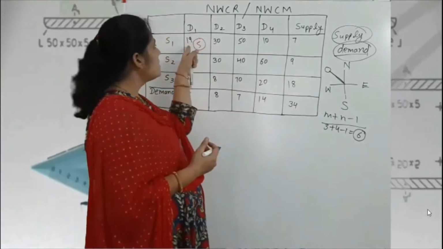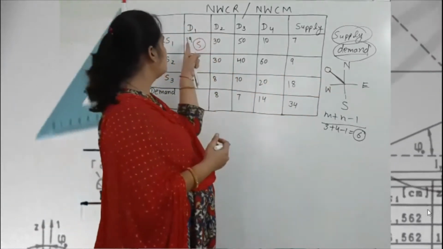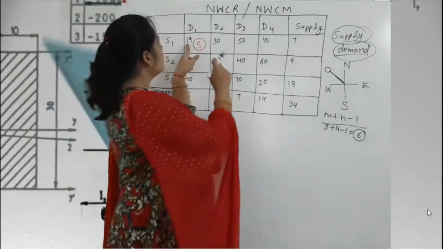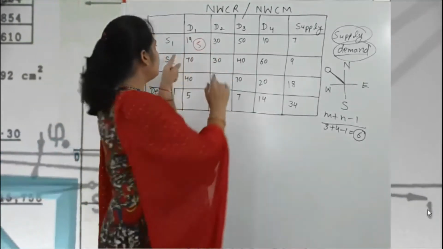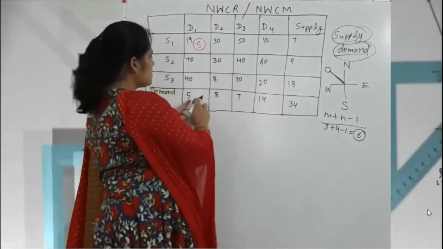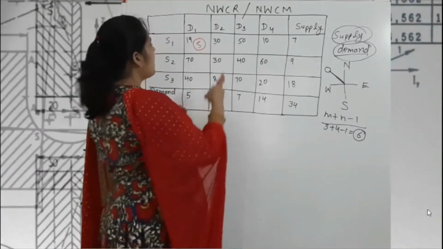So just like the northwest corner rule, first we start our allocation in this column D1. Here the value 19 is given, and here the supply is 7. And the demand is 5. So first we put the value 5 here.